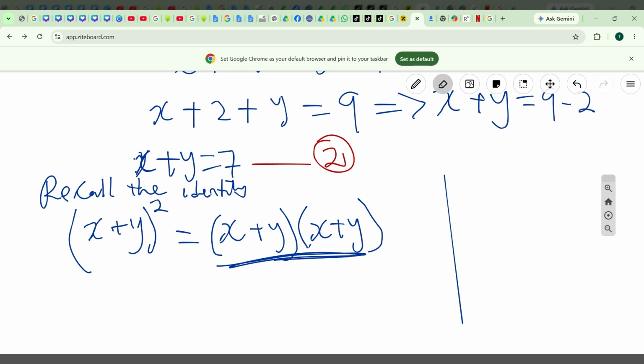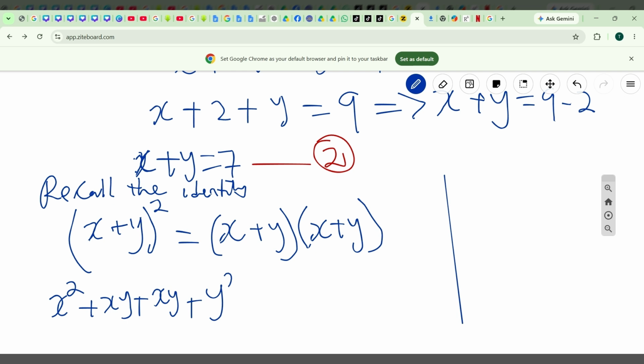All right, if we open the bracket, we have x multiplied by x is x squared, x multiplied by y is plus xy, y multiplied by x is xy, plus y multiplied by y is y squared.